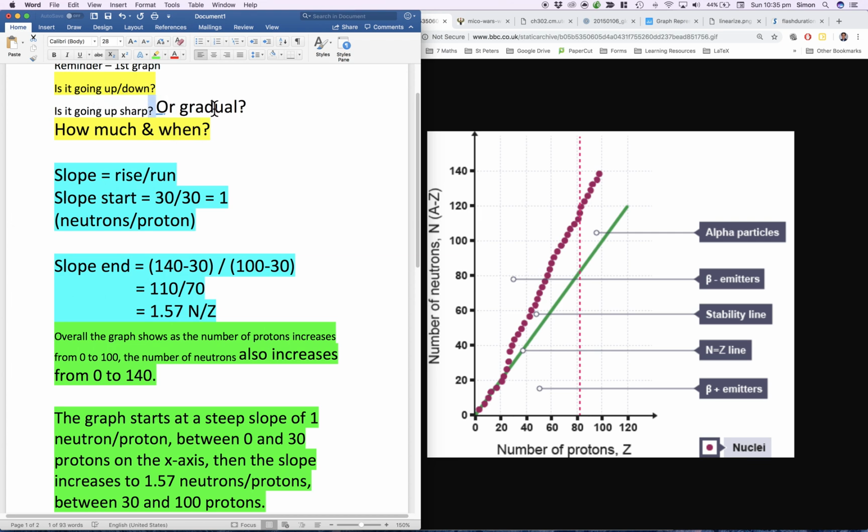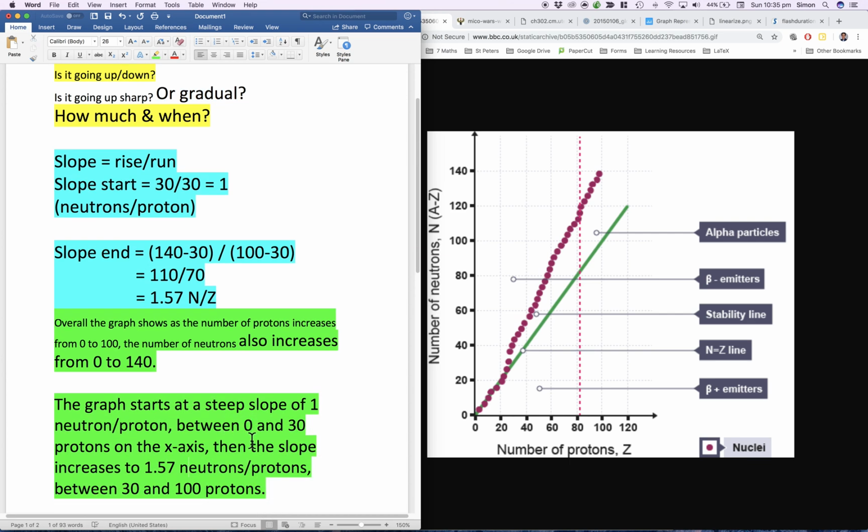Is it going up sharp or gradual? Here's my sharp and gradual. Starts off with a steep slope. A slope of 1 is actually pretty steep, I think. And then I said for the other region of the graph how steep it was.